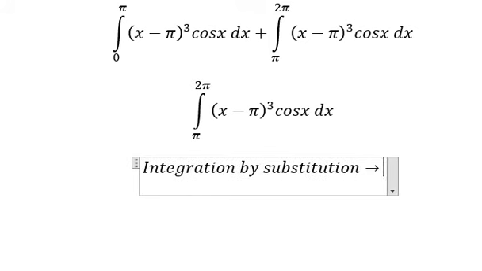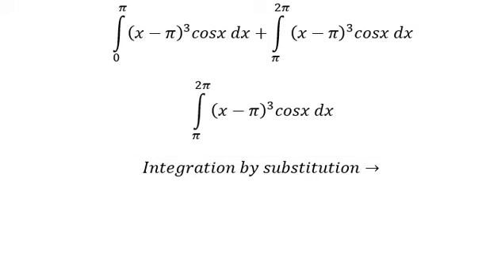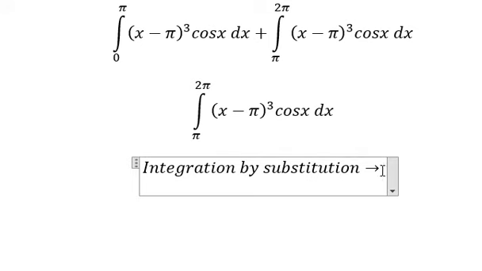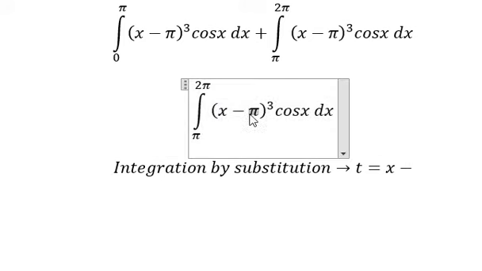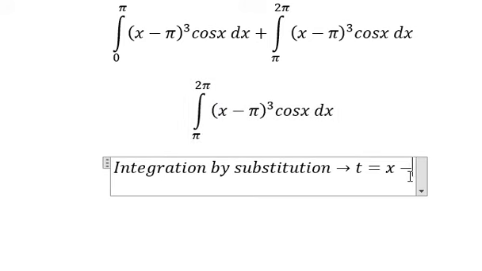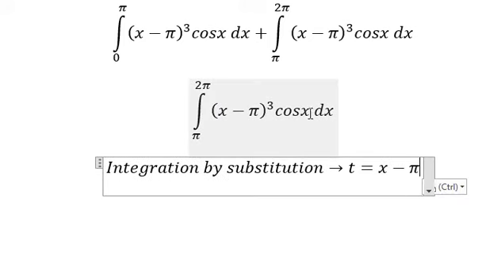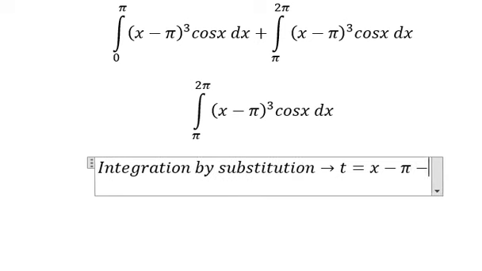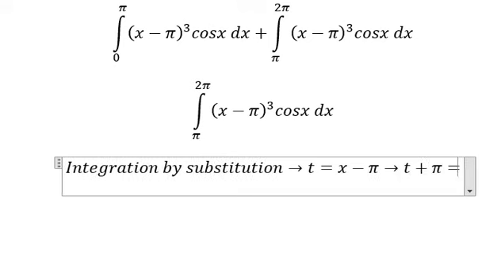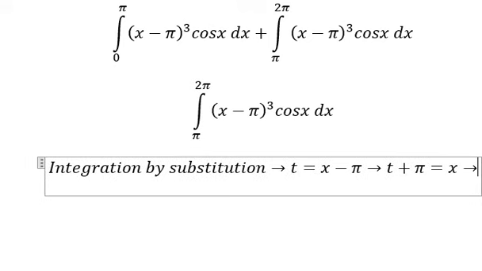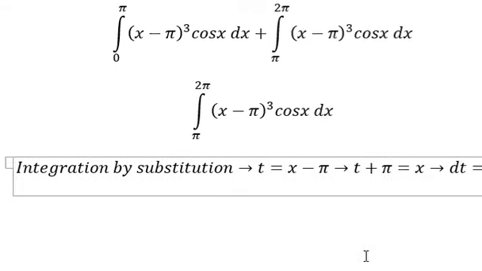So we put t equals s minus b. Because we still have s, we put negative b on the left, and you get t plus b equals s, dt equals ds.